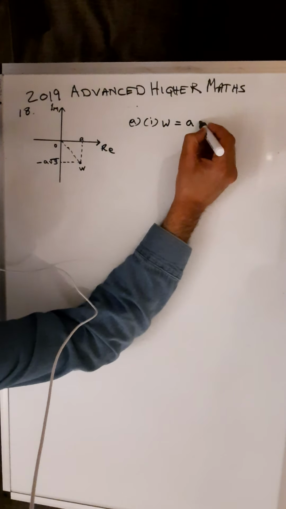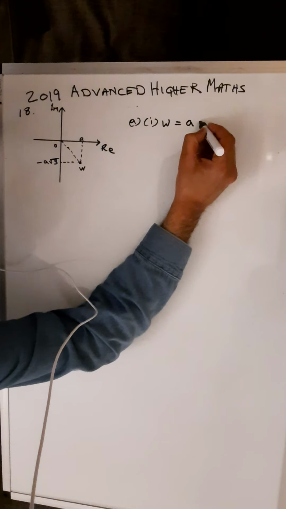So that means that Z would be equal to cube root of 8, which is 2, times cos minus pi by 3 plus i sine minus pi by 3, all raised to the power of 1/3.